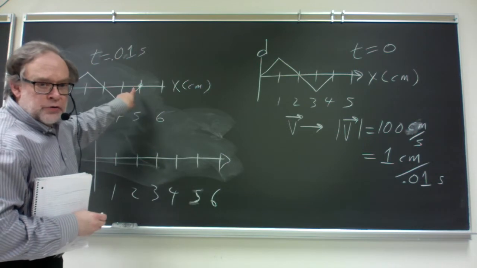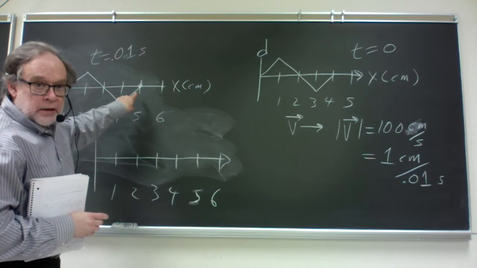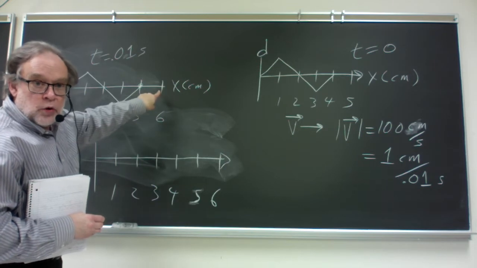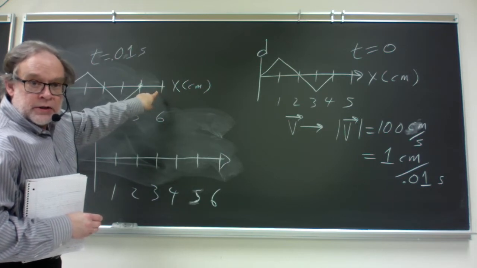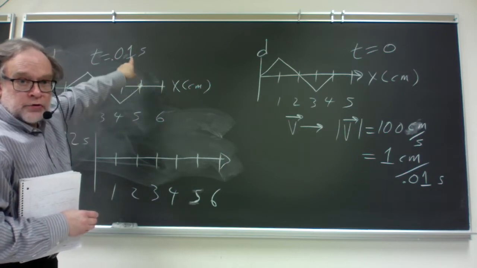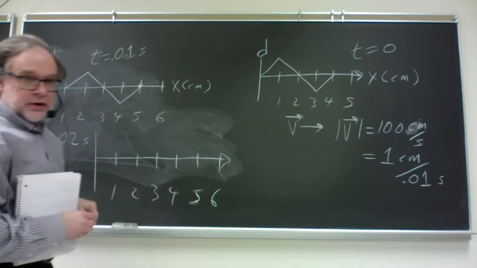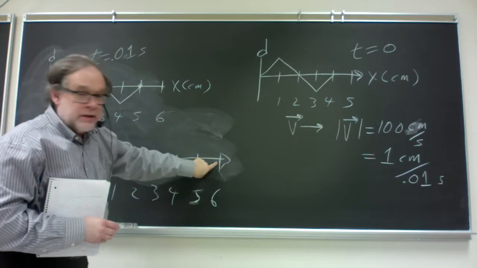The front of the pulse was at 5, and then 1/100th of a second later, it's moved 1 centimeter to the right, so at 2/100ths of a second, the front of the pulse will now be at 6.